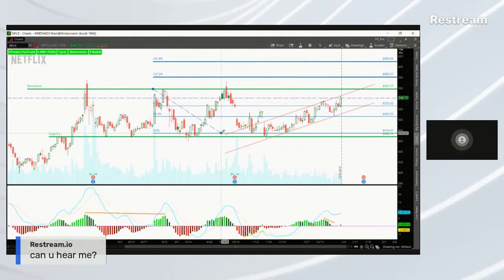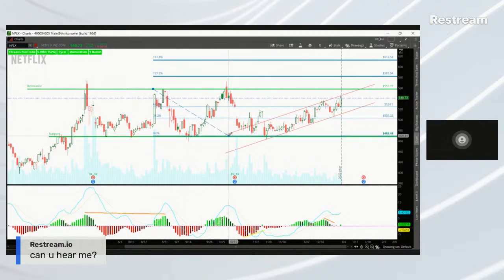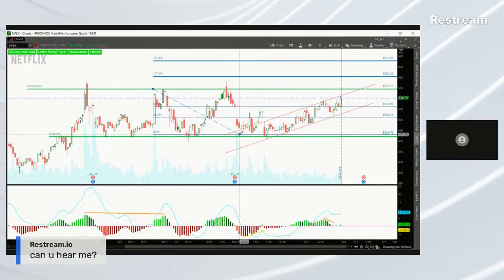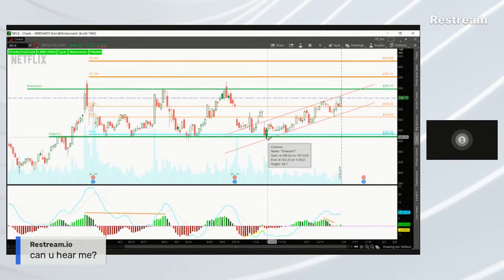And even for support, I don't have to really go here for my support. So I'll just take this because I see a lot of price action here. There was support here, support here, support here, and support here as well, which is the body of it, not really the wick.